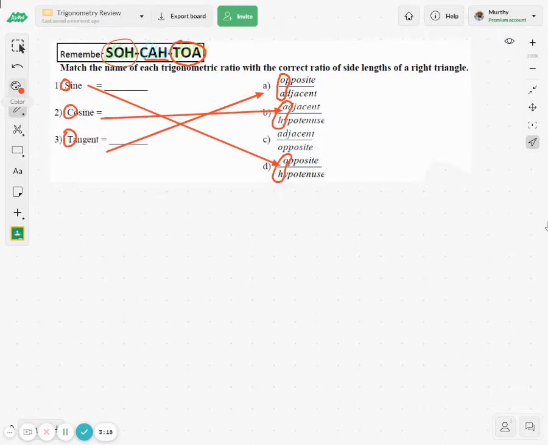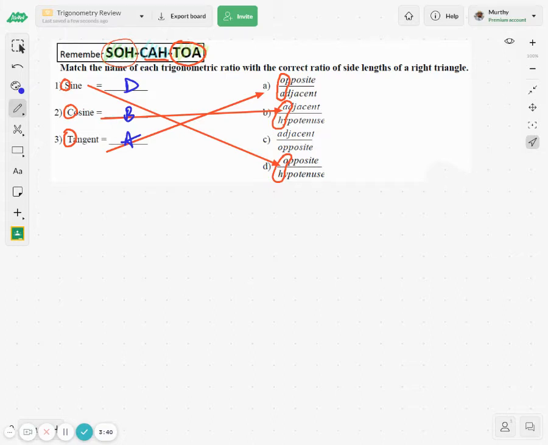Now, let's write the answers. So sine goes with D, the second one goes with B, and the third one goes with A. Okay, right. Let me take one more there.